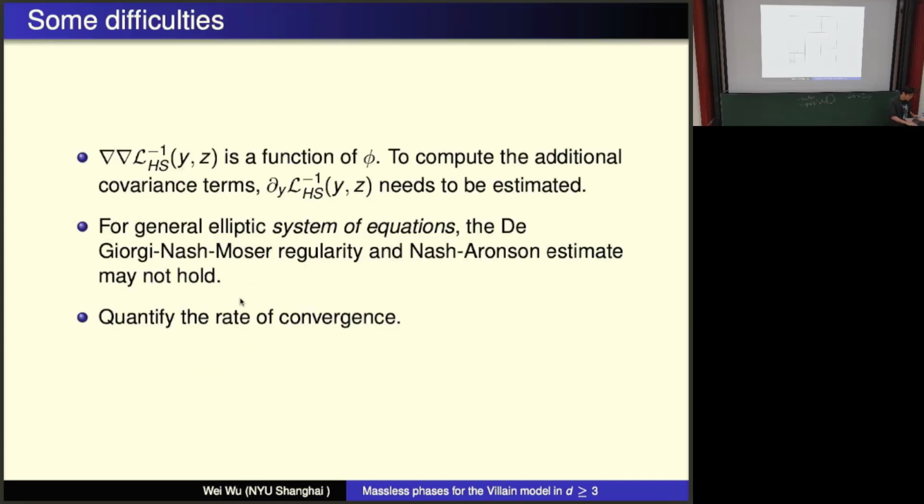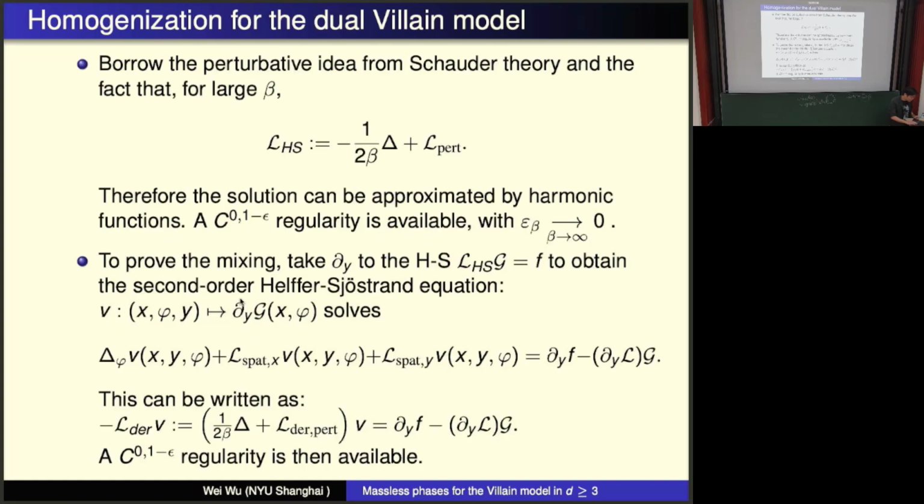So how do we do that? If we start with the original Helffer-Sjöstrand operator, which has a lot of terms, we can see that for beta large, the leading term is this Laplacian term. And the remaining term is much smaller than the Laplacian term.